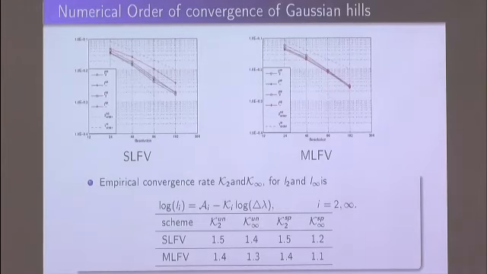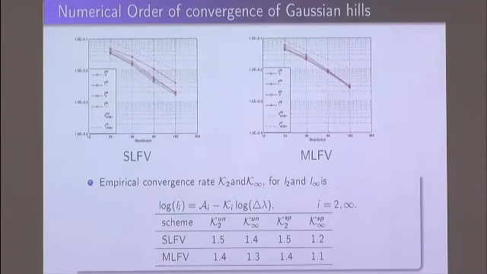Initially it's not that good, approximately first order, but with increasing resolution the convergence is improving. And this is the empirical convergence rate derived using least squares fit. For SLFB, the unlimited scheme is around 1.5, and for the method of lines it's around 1.4.